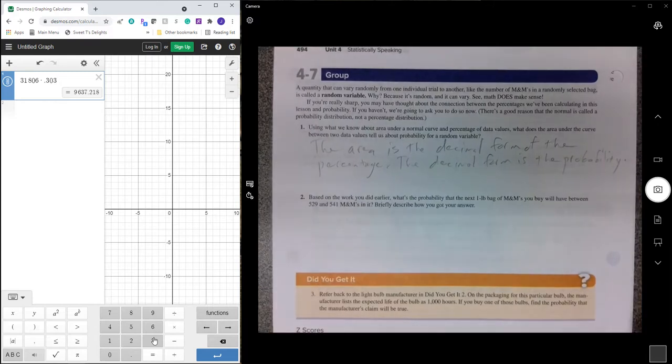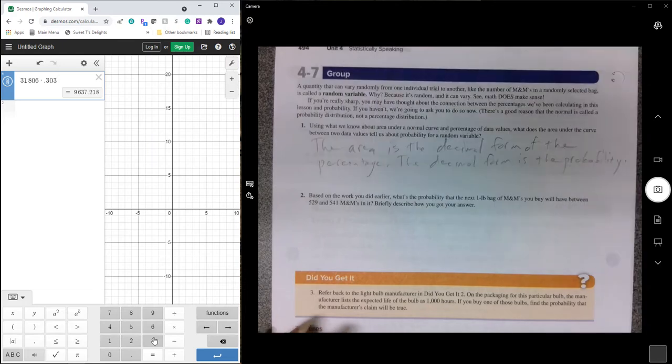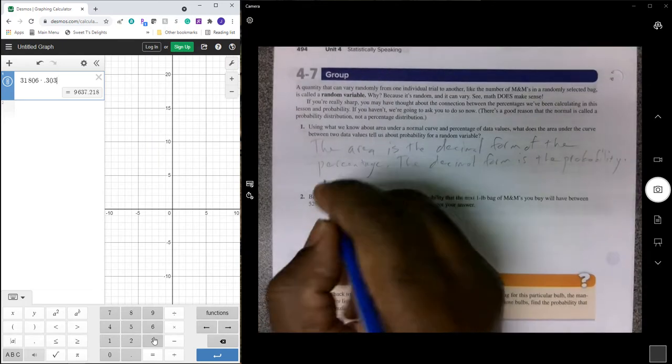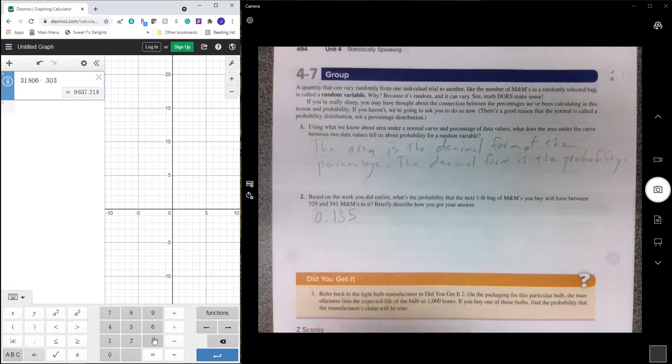So number 2, it says based on the work you did earlier, what's the probability that the next 1 pound bag of M&Ms you buy will have between 529 and 544 M&Ms in it? Briefly describe how you got your answer. So we have 529 to 541, which will give us the 13.5%. So we would do 0.135.